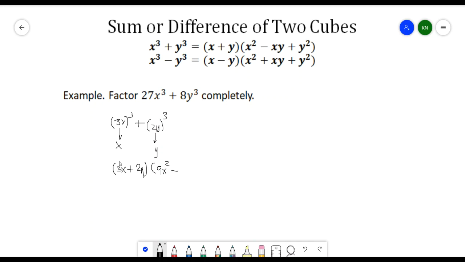So meaning to say we need to multiply these terms. 3 times 2, that is 6. x times y, that is xy. So we have 6xy. And then the square of 2y is equivalent to positive 4y squared. So we already have our factor using the sum or difference of two cubes. So this is already our answer.